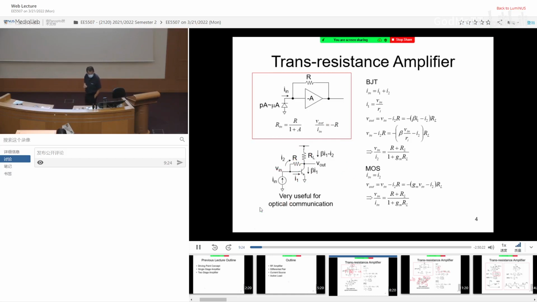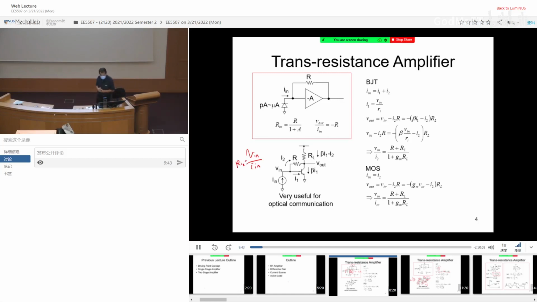Okay, so to derive the input resistance, we need to figure out what is Vin over Iin. That will give you the characteristic input resistance.